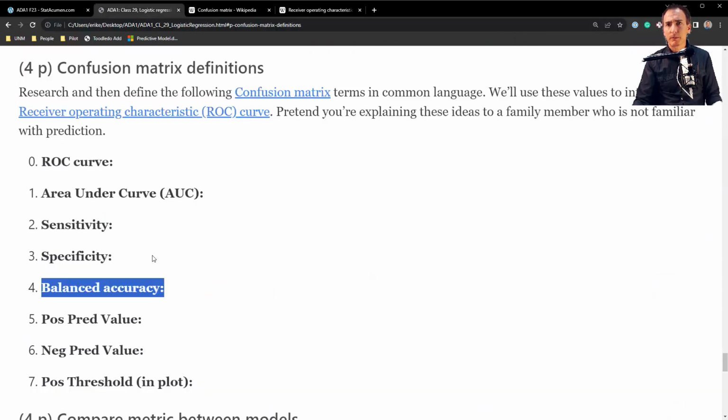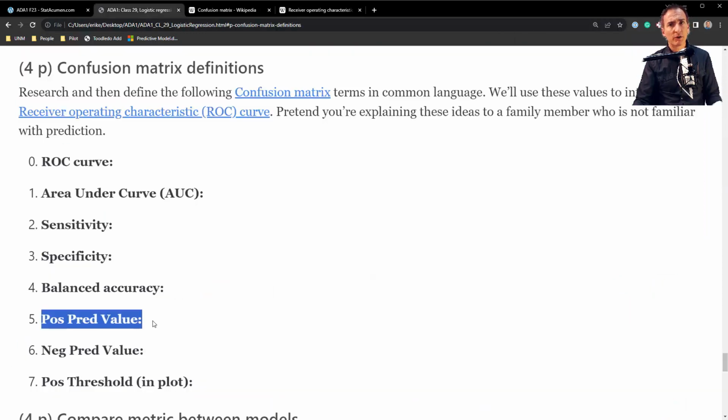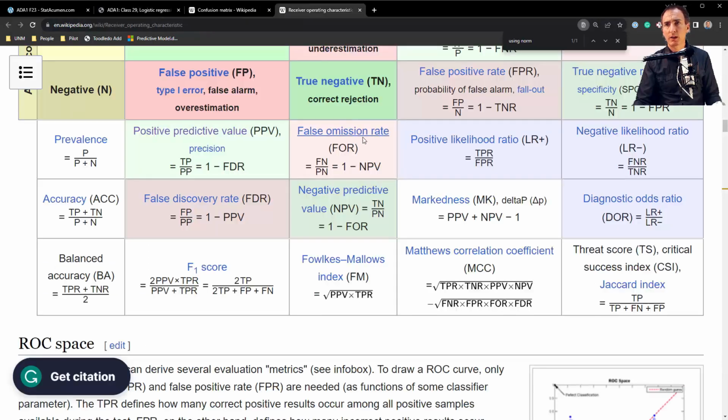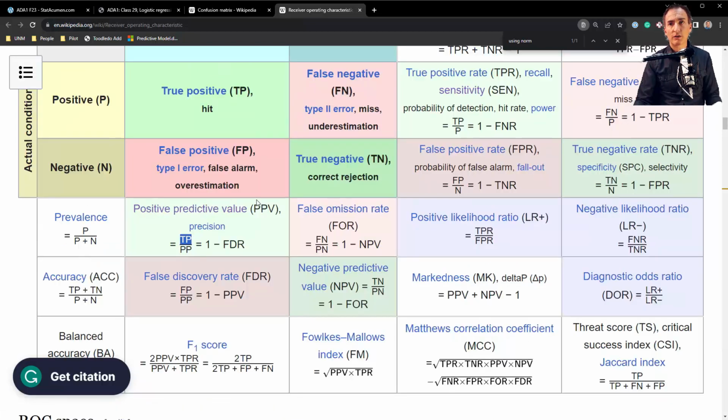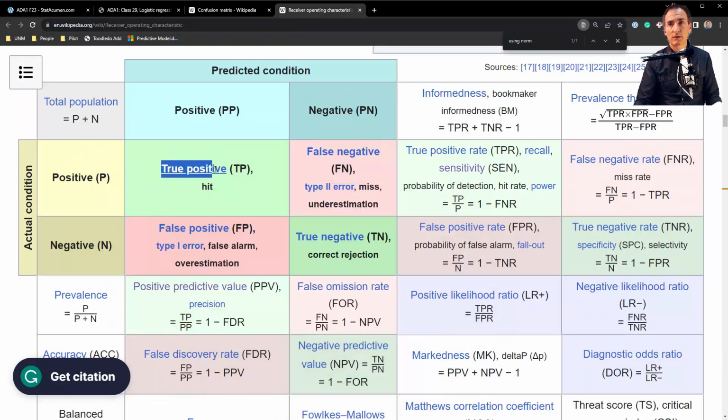All right, a couple other values which are helpful are the positive predictive value and the negative predictive value. So the positive predictive value is the true positive divided by the predicted positive.